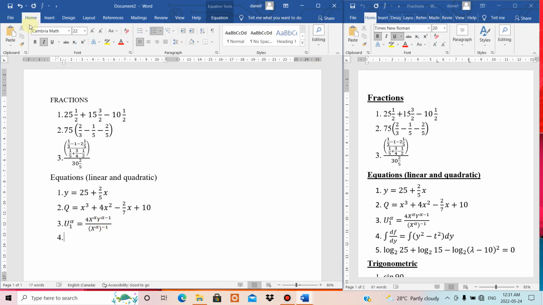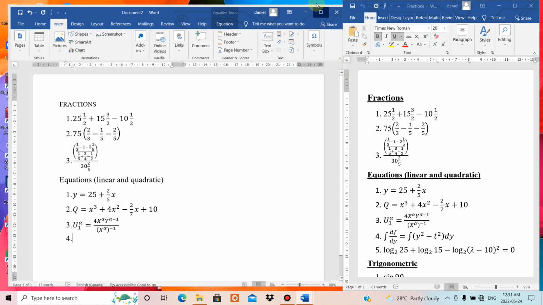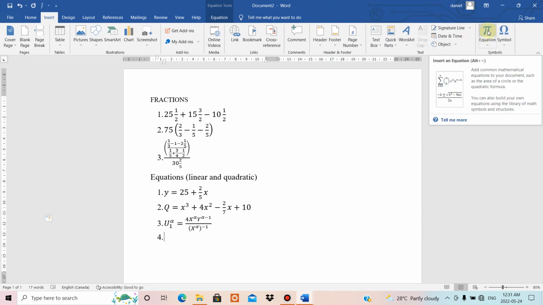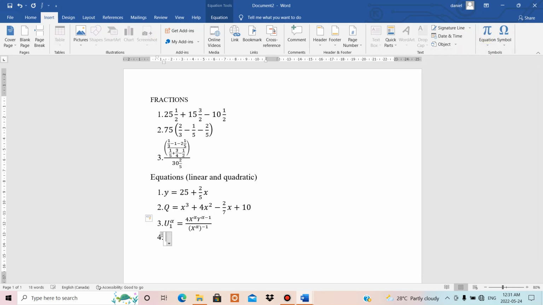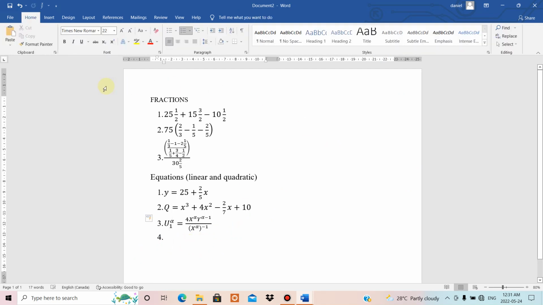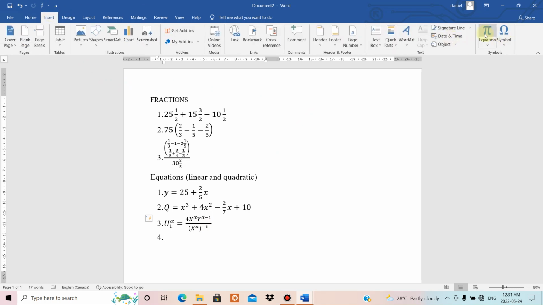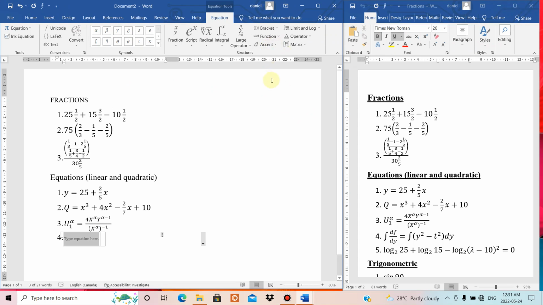So quickly, how do we input this expression? So you go to equations.